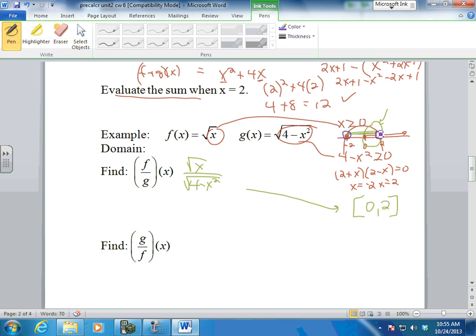So since this was where my domain is, my new domain, because of this divide, says you can go from 0 to 2, but you can't use 2. The division is the hardest one. We'll always have to find domains of our functions, but when you divide, you somehow change the domain a little bit.